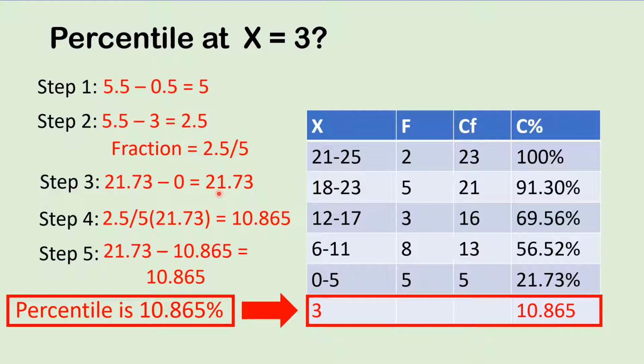So now that we have our values, we have the fraction from this side of the table, and we have the width of the interval from the other side of the table, which is over here, we can multiply the two things together to get a value of 10.865. And now with 10.865, we are technically asked to subtract that from that upper limit right over here, which is 21.73, to get, of course, which is exactly half, 10.865. And that is the answer for the percentile on this side.